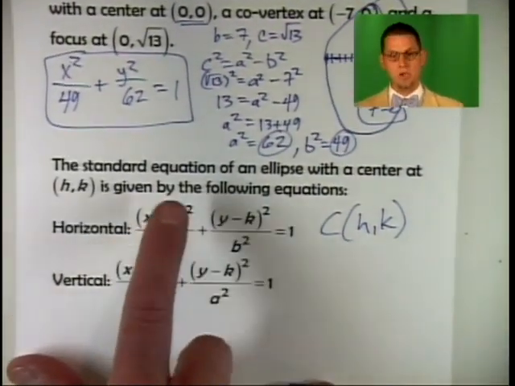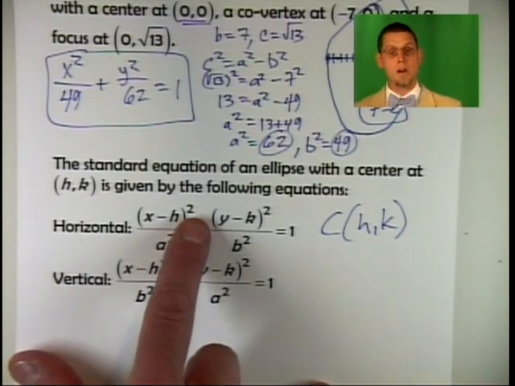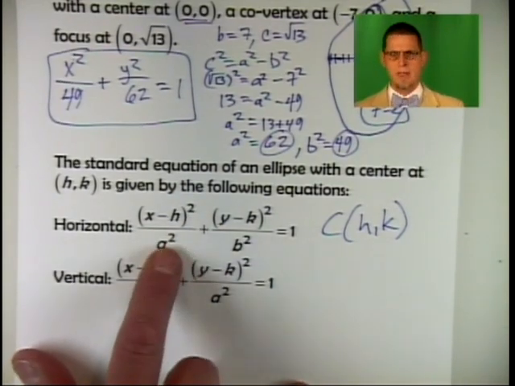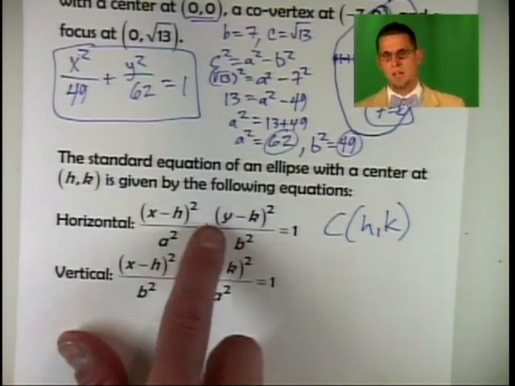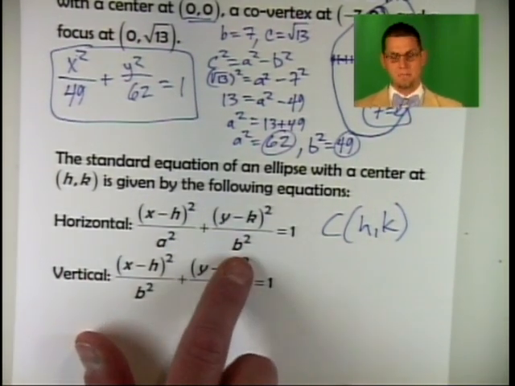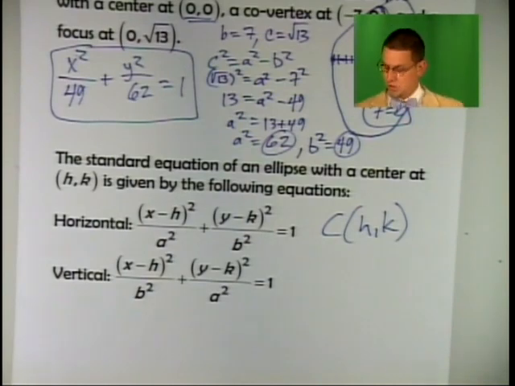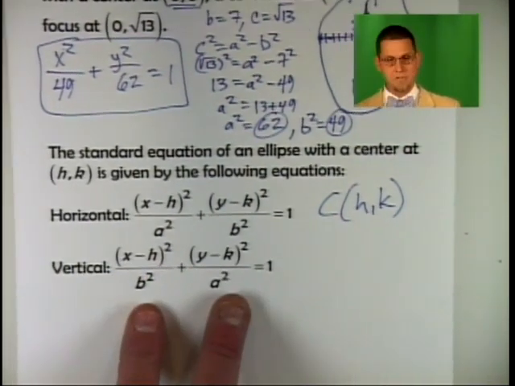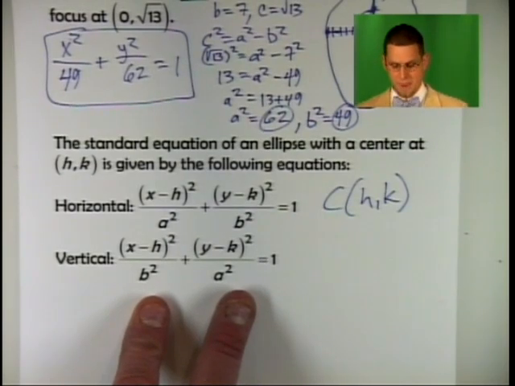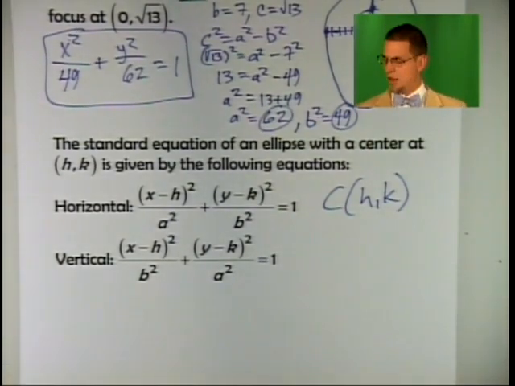The horizontal one would be x minus h quantity squared, just like for circles, still over a squared because that's the larger axis for horizontal, and then y minus k squared over b squared. If it's vertical, the center's still at (h, k), so it's still x minus h and y minus k. Of course, the a squared and b squared are just flipped. So that's not a big deal. You're still going to plot the center first and count your semi-major and your semi-minor from your center, get your points, connect the dots.